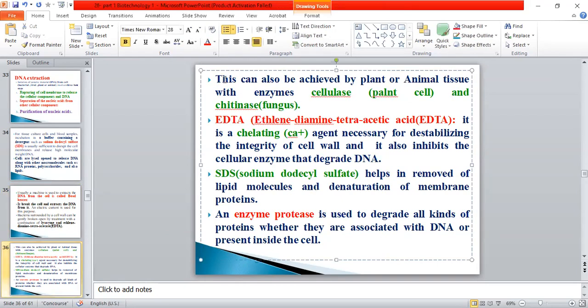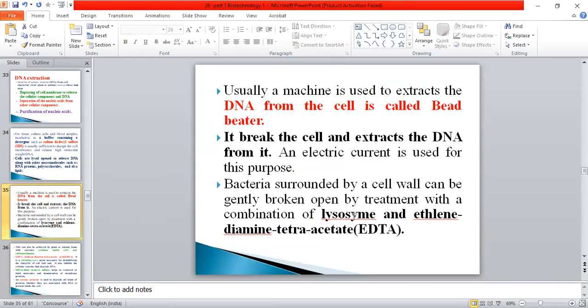This can also be achieved with plant or animal tissues using the enzyme cellulase for plant cells, and chitinase for fungi. Already you know about this. Let us take an example of any one plant.